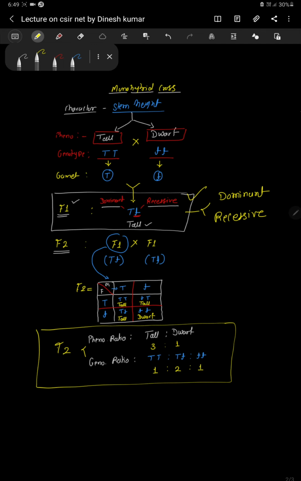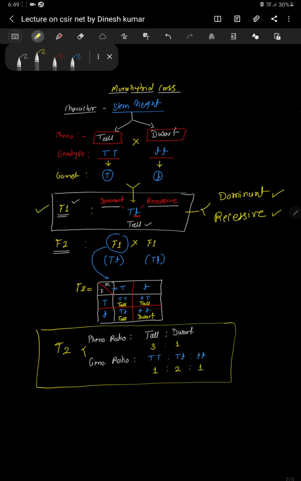But with respect to Mendel's experiment, the law of dominance says that whatever character is expressed in the F1 generation after crossing the pure parent plants, that character will be dominant, and the character that is suppressed or not expressed phenotypically in the F1 generation, we say it is the recessive character. This is how we determine dominant and recessive characteristics by looking at the F1 generation.